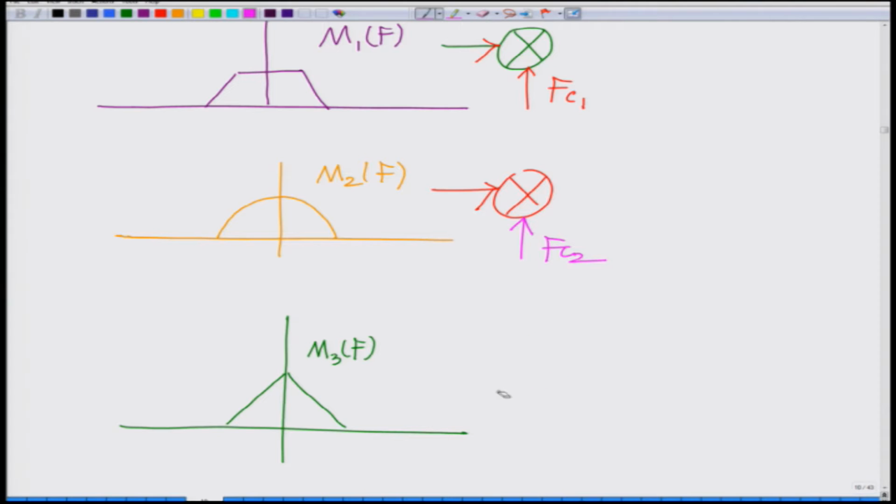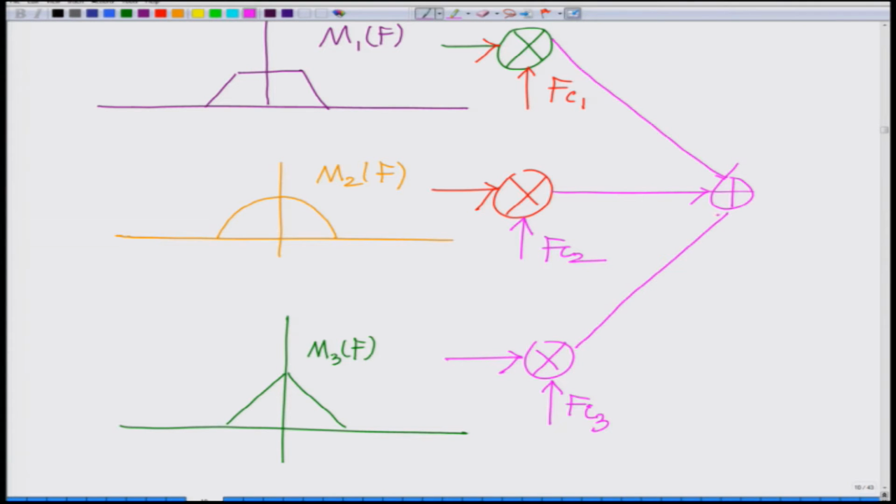I am going to take the third signal and translate it to a different carrier frequency, let us say FC3. Now, I am going to combine all these and transmit them over a common channel.